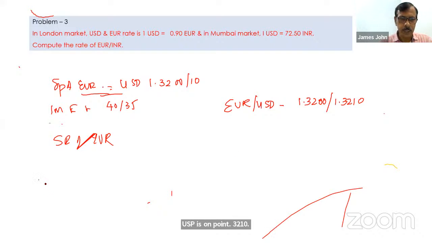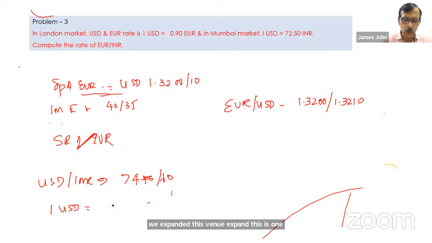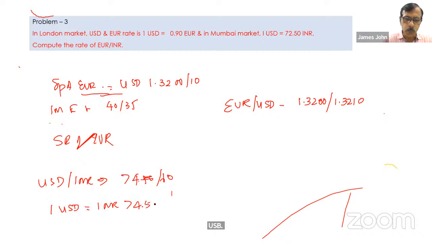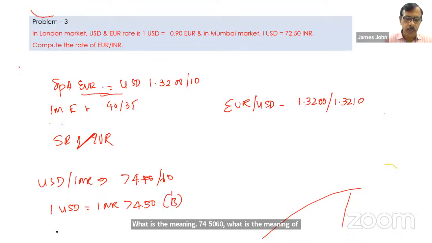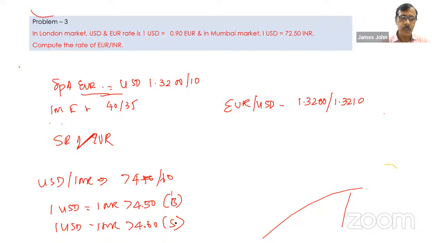When a rate is given like USD INR 74.50/60, you expand it: 1 USD is equal to INR 74.50 buying and 1 USD is equal to INR 74.60 selling.